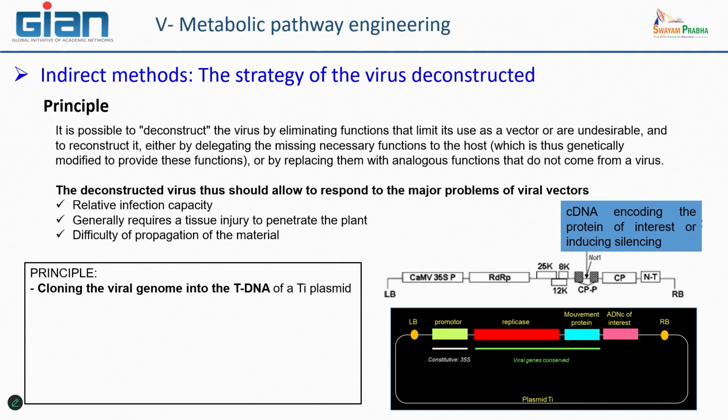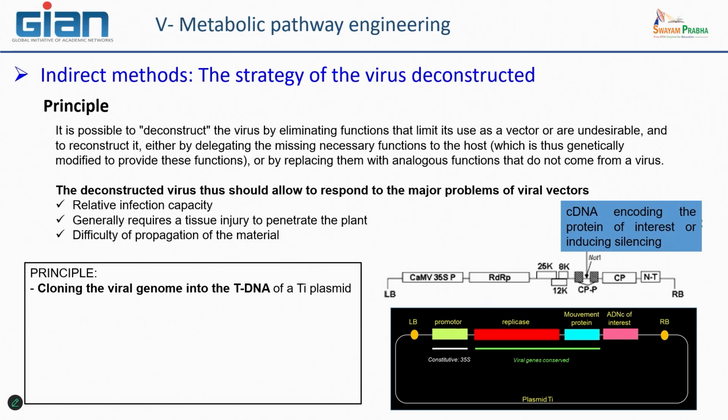I just want to illustrate that we can combine the principle of using virus genes with the property of the T-DNA of agrobacterium. This means that, for example, we can make what we call a deconstructed virus.